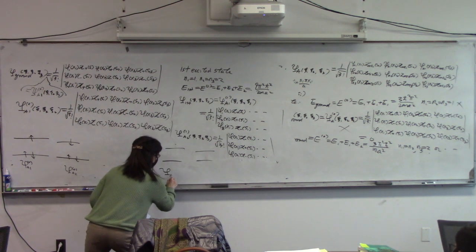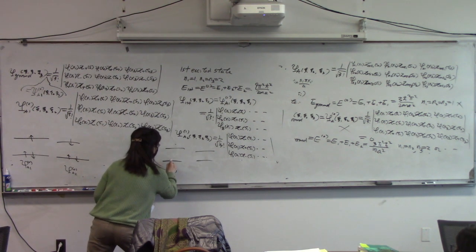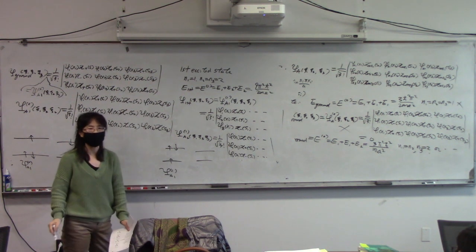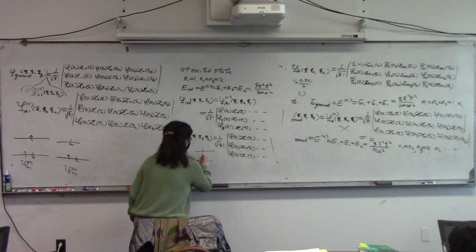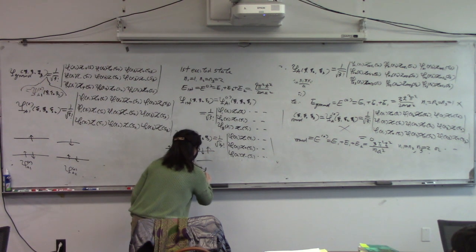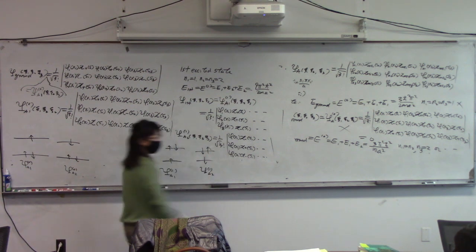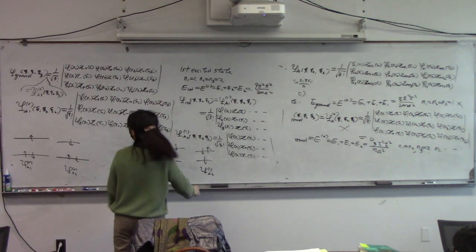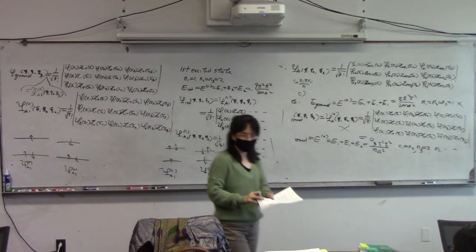So A1, excited states: first is spin up, but in the second level, 2, 1, spin down, spin up. This one spin down, spin up. The second first excited group is this one. Okay, this is also 2-fold degenerate, right?